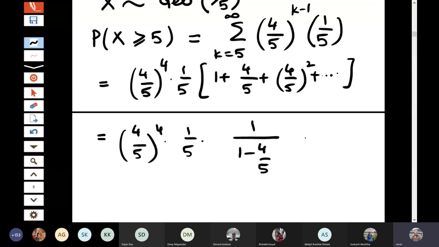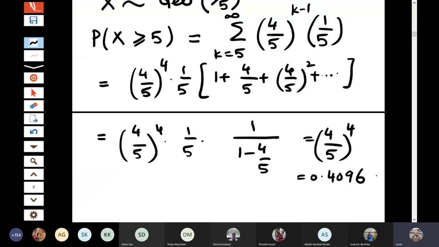So it is nothing but (4 by 5) to the power 4, which is nothing but 0.4096. So roughly you can say 40% chance is there that you will get the first success not before the 4th trial. That means on a trial beyond the 4th trial.